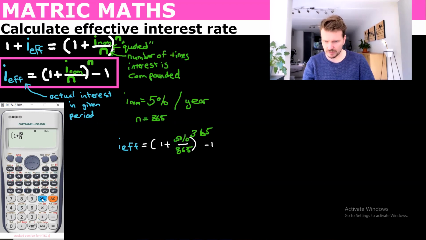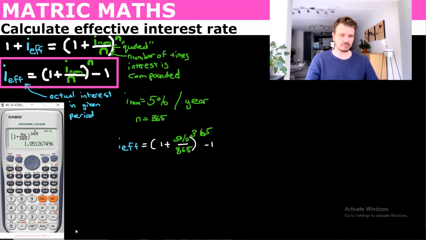5%, shift percent. So you could also say 0.05. It's compounded 365 days, to the power of 365. Okay, and then we minus 1.